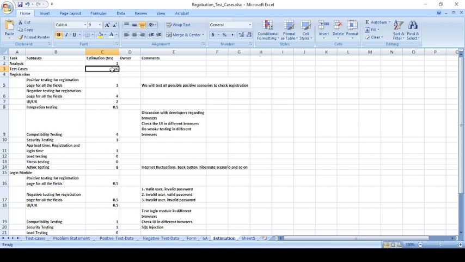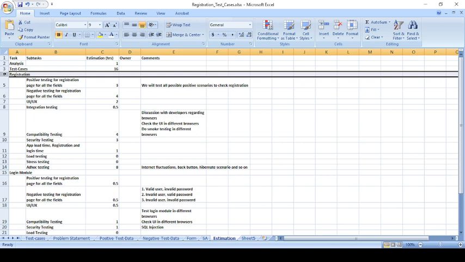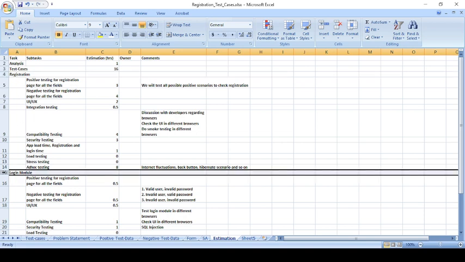Now if you remember, we have divided our problem statement into different modules, registration and login. The same thing we have to do with estimation. Again, we have to divide our problem statement into multiple modules. So we have two modules, registration and login. And how have we written test cases?